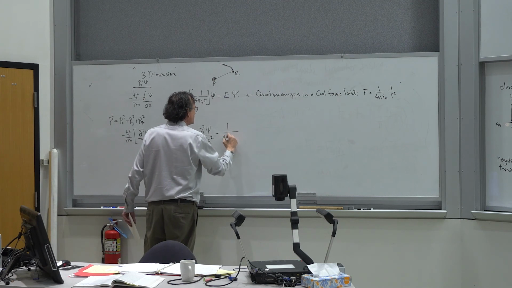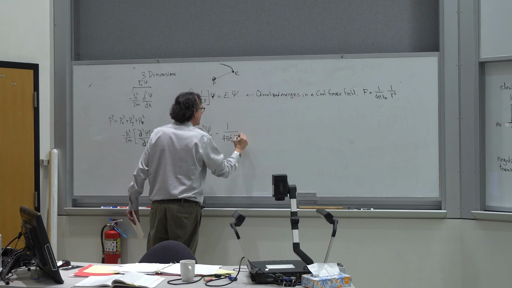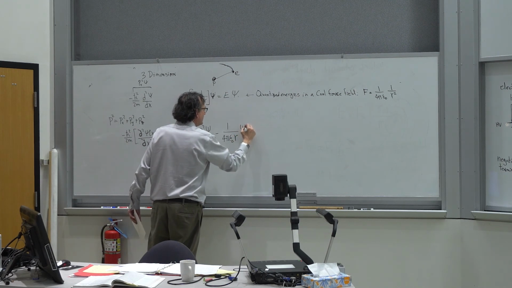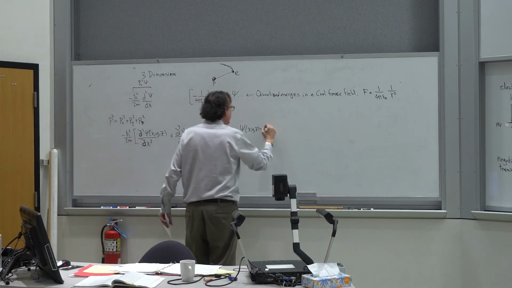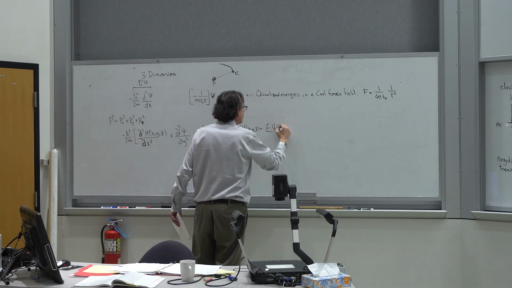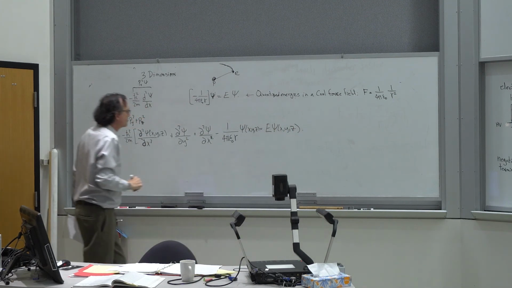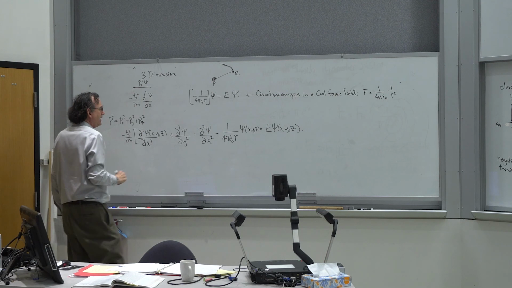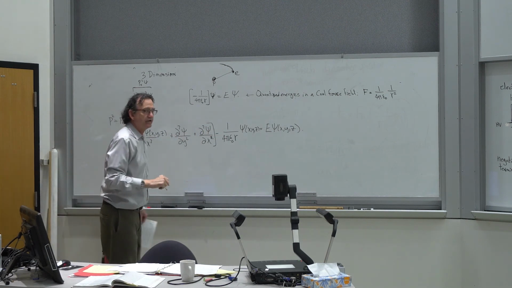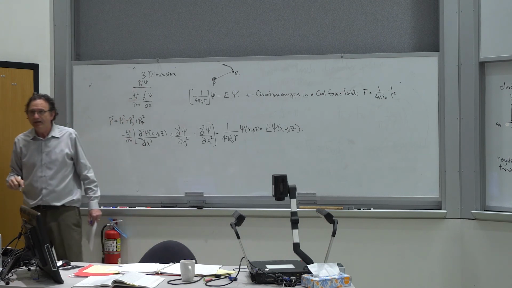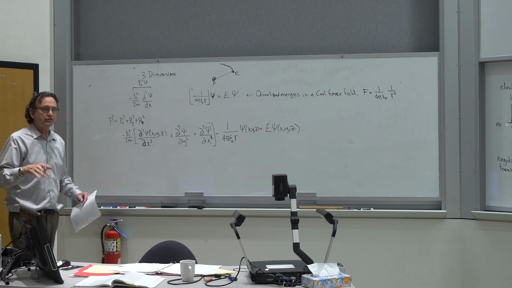minus 1 divided by, now I add in the potential energy term, negative 1 over 4 pi epsilon naught times r times psi of x, y, and z is equal to E times psi of x, y, and z. Okay? And this is the Schrodinger equation for, I need another parenthesis here, the Schrodinger equation for a particle in a Coulomb potential. Right? And we're not going to solve it, but we're going to show you what the solutions look like.